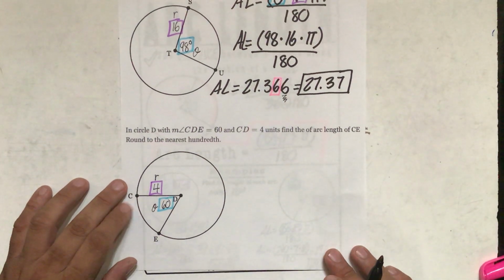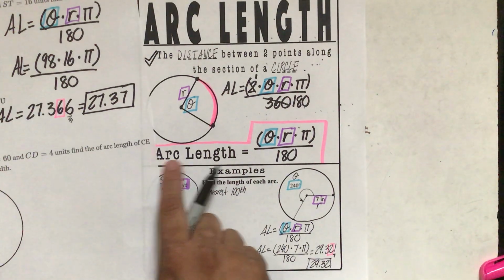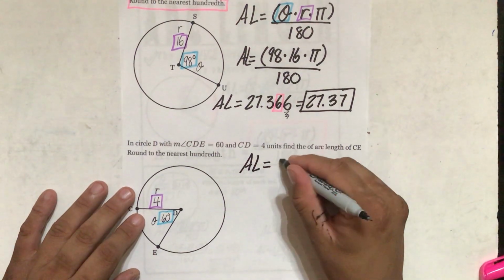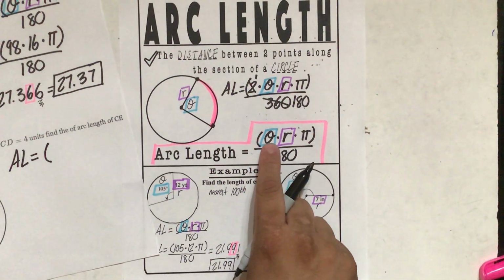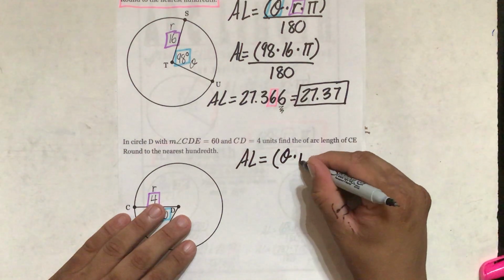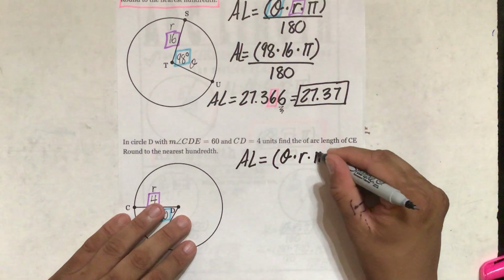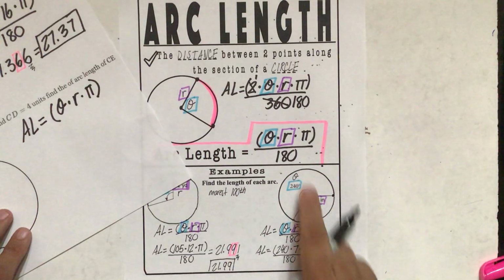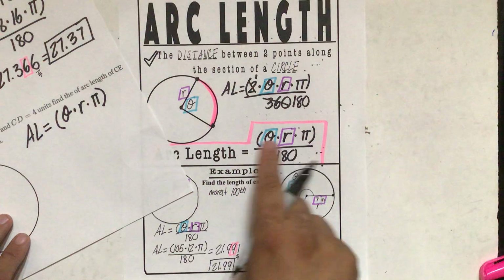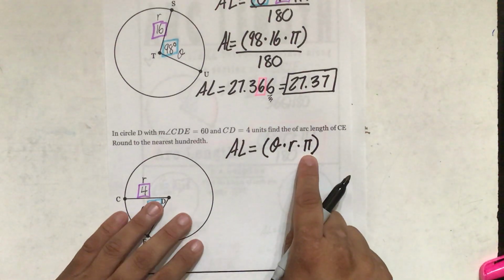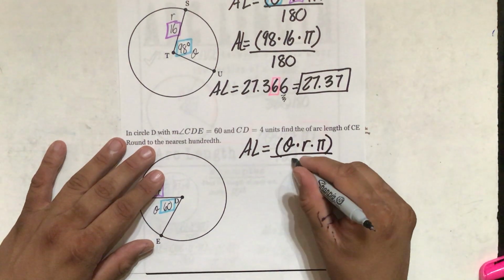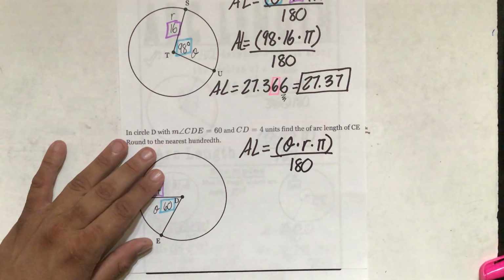So once again, let's use our formula. AL, arc length, is equal to parentheses. Always start with a parentheses. Theta times R times pi. If you forget, always look back on your notes. It's on Schoology. You can press on View Notes to look at your formula. Always end with a parentheses, and the whole thing divided by 180.